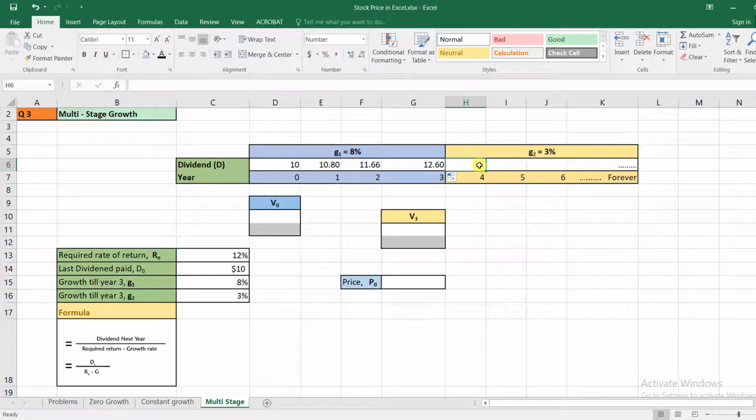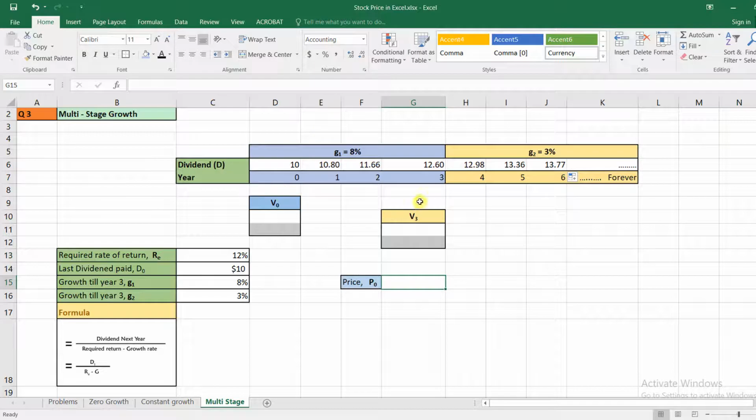So in the year 4, the dividend will be third year's dividend multiplied by 1.03. Press enter, and again just select this plus sign and drag it towards right, and this will be the next dividends. Great. Now to calculate its price, we need to do a little bit more calculations.